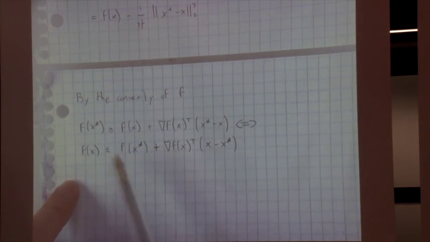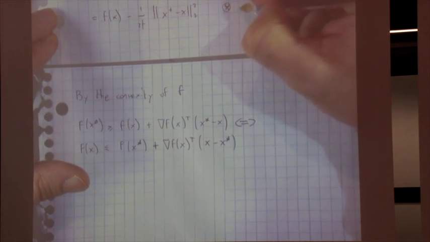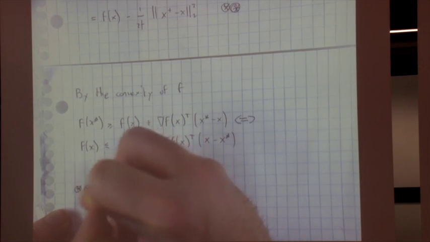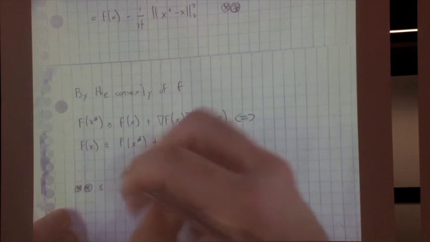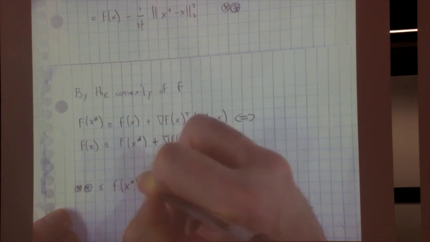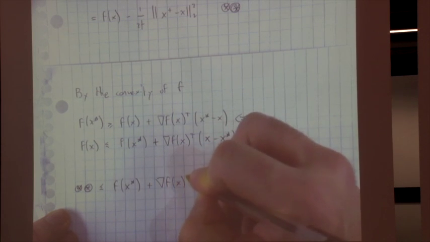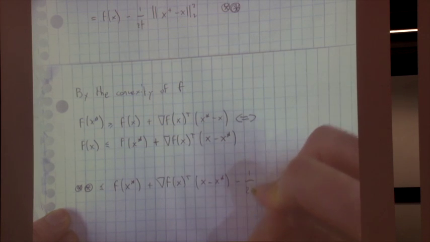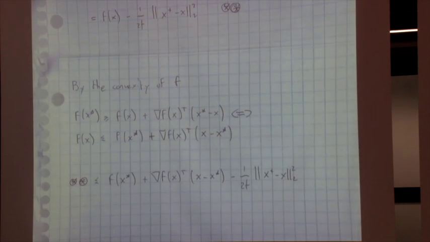Okay? And now I'm going to bound this term here, so double asterisk, with the bound that I just got from the definition of convexity. Okay? So this thing here will be less than or equal to f of x star plus the gradient of f at x transpose x minus x star minus 1 over 2t x plus minus x squared, the norm squared.